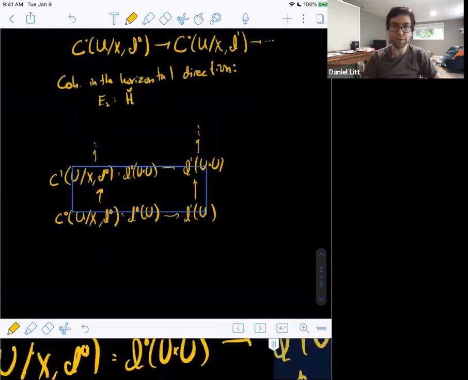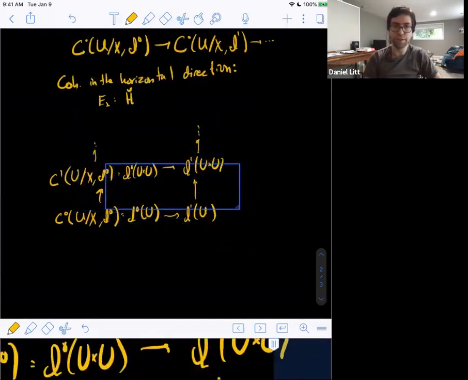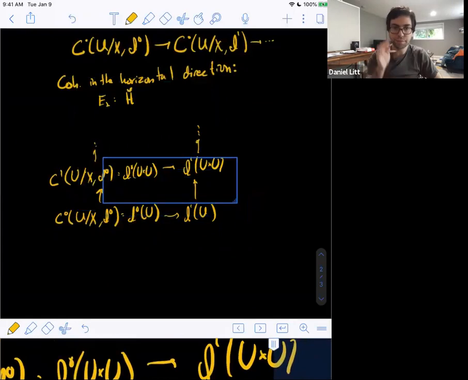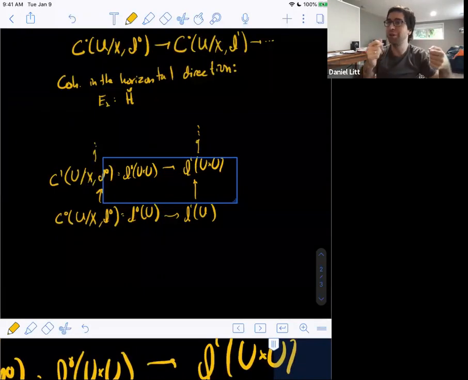So these vertical complexes. What are we doing? We're taking global sections of this injective resolution and then taking their cohomology, right? That's also known as derived functor cohomology on U to the n, right?